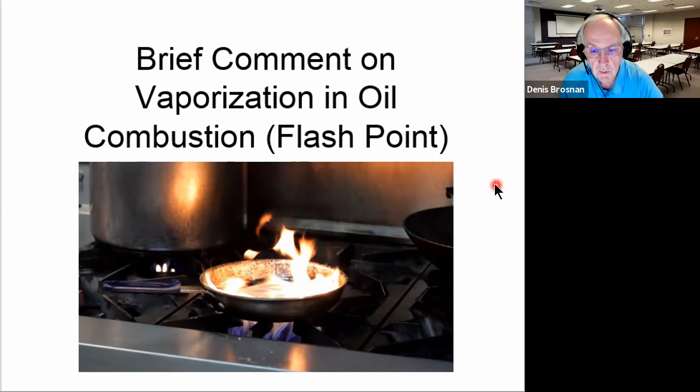This was diesel fuel that was being used, and it flashed. Unfortunately, I was in the middle of it, as were some other people when it flashed. And so you have to be very careful about injecting fuel around anything that's hotter than the flash point of the fuel, unless you want it to burn.